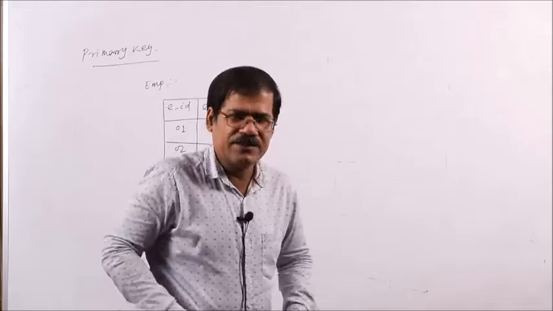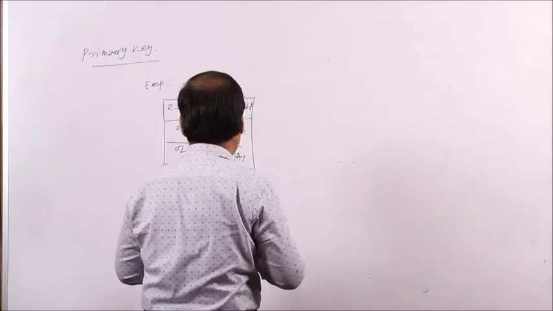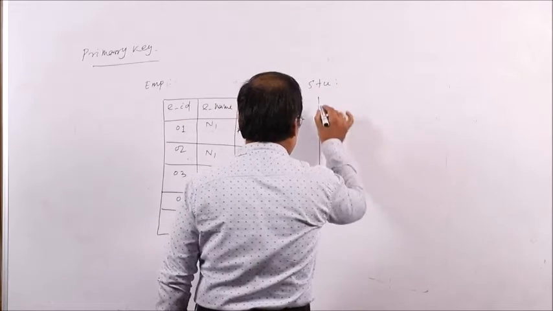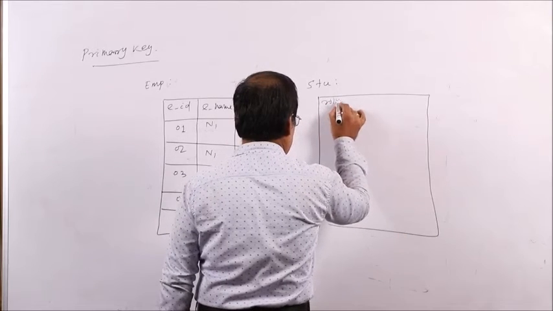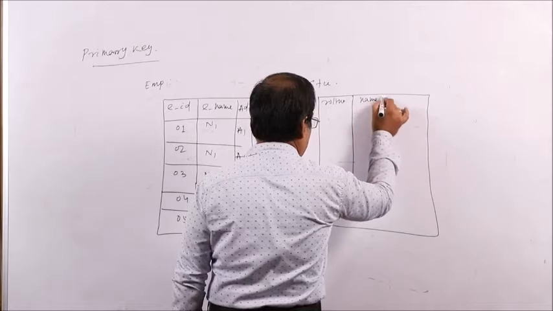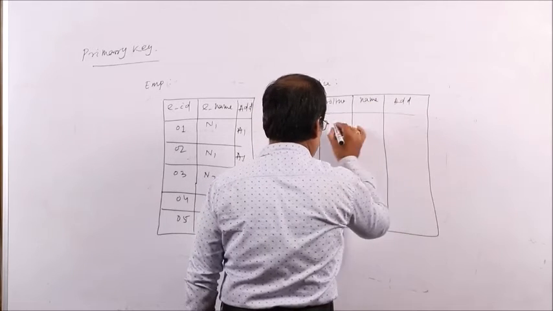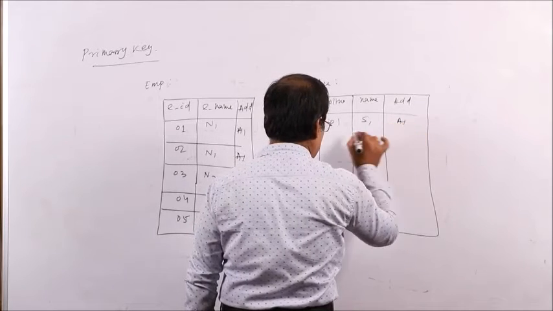Suppose another table is a student table. The student table has a roll number or enrollment number, name, and address. Roll number 01, name S1, address A1.